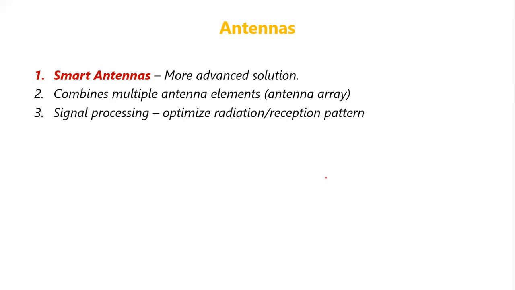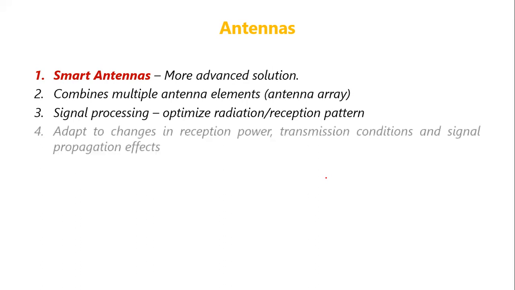As they perform signal processing to optimize the radiation and reception pattern, these antennas are called smart antennas. These antennas can adapt to changes depending on the reception power, transmission conditions, and signal propagation effects.